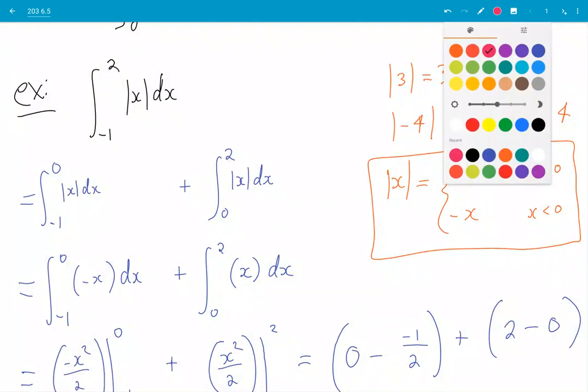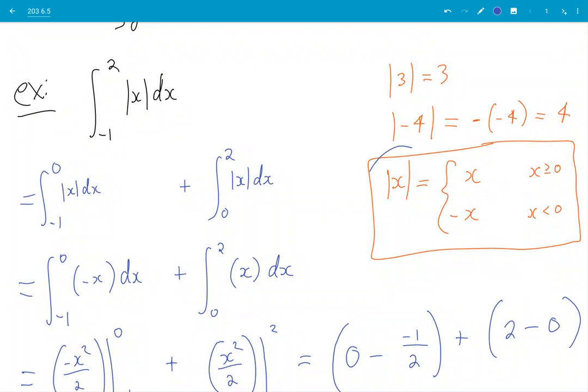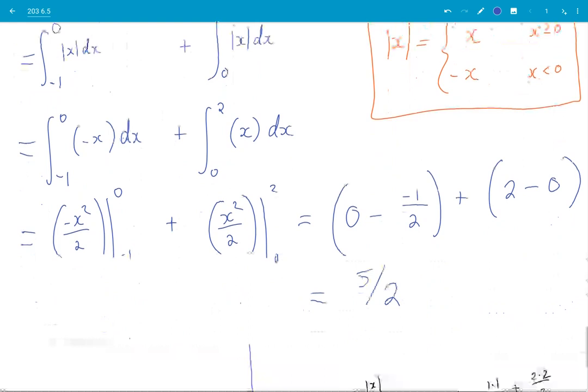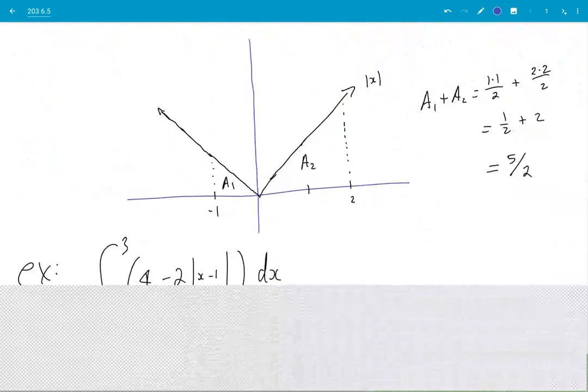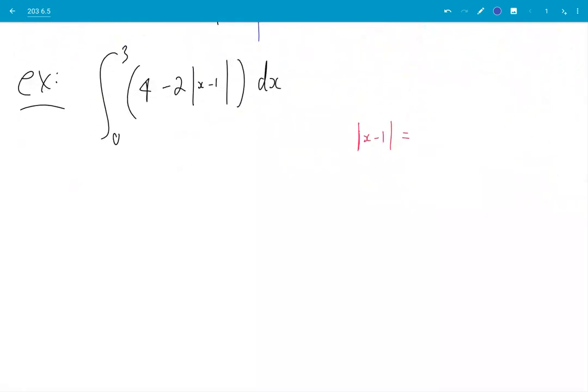Okay, so this guy here, it broke. You see how it breaks at 0? So because that one breaks at 0, we are going to reason that this function is going to break when x is equal to 1.